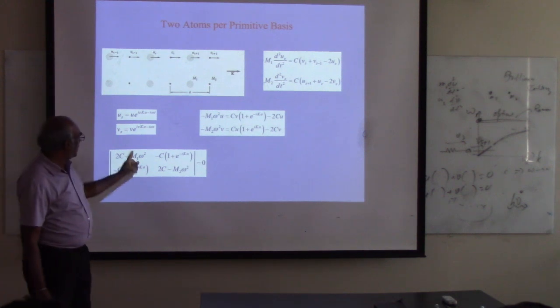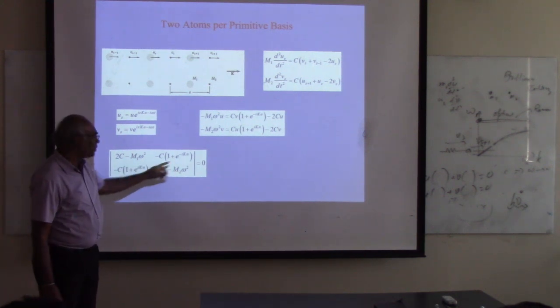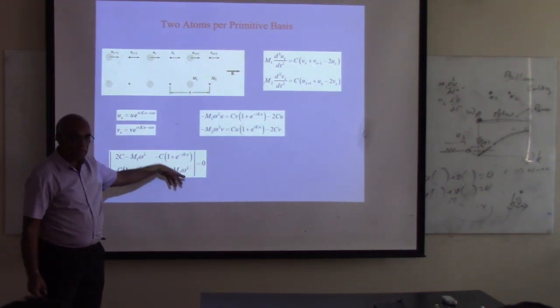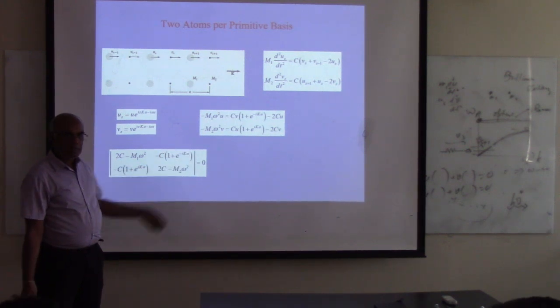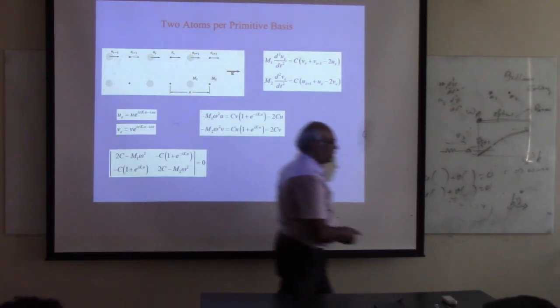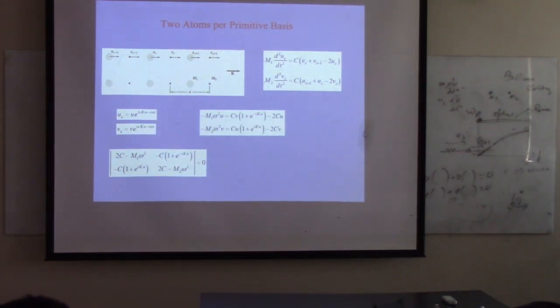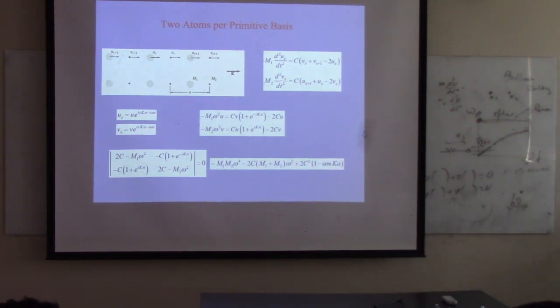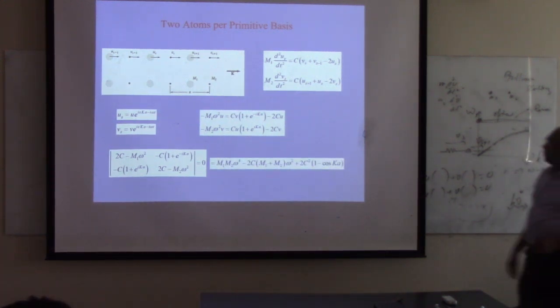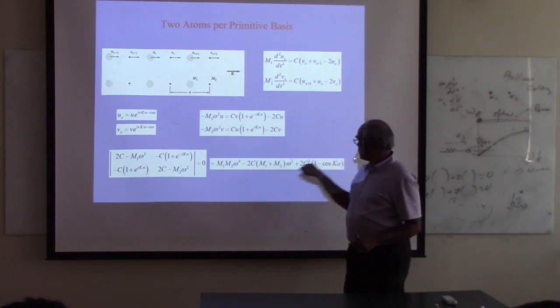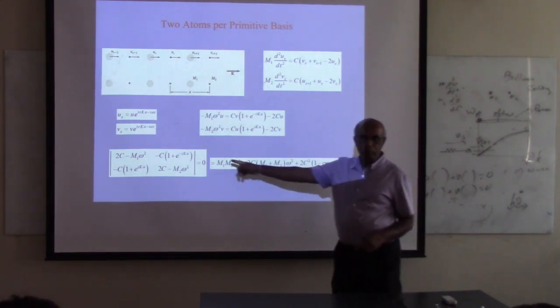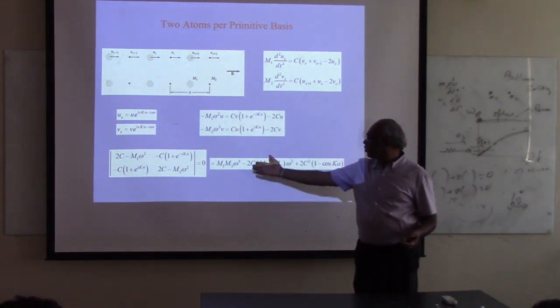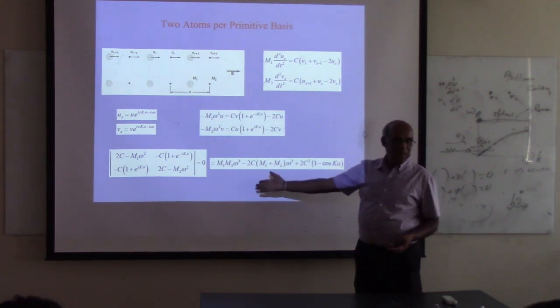If you want to solve this one, you multiply this one, you can see omega squared, you get omega 4, right? So then your equation becomes this. That's the equation. It's omega 4, omega squared, this one equals 0. So this is actually a quadratic equation of omega squared, right?